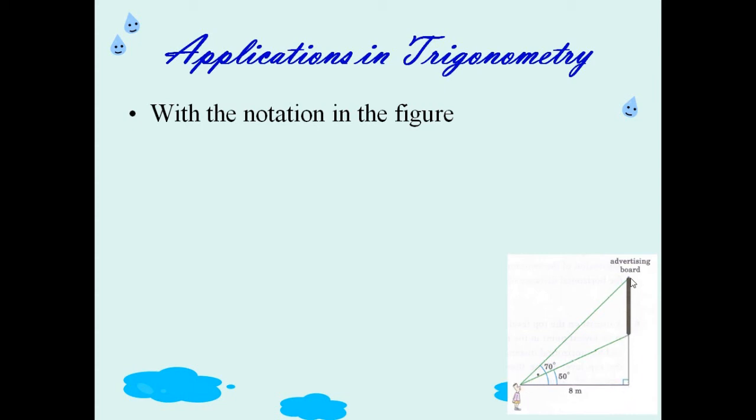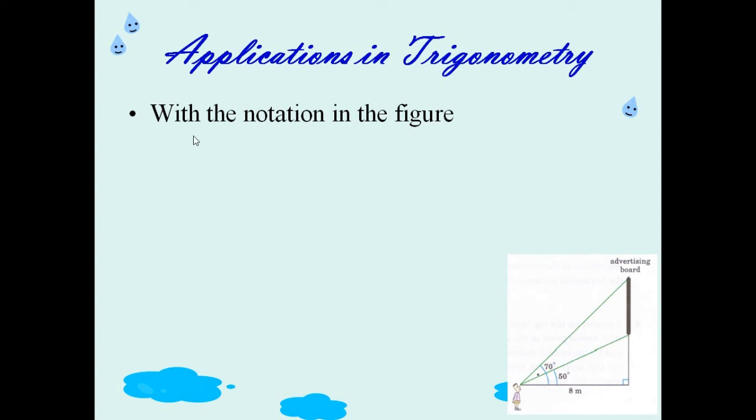So if you want to calculate the length from the top to the ground, you consider the largest right angle triangle and find out the length of this one. You use the smaller triangle, and then use these two results, one minus the other.